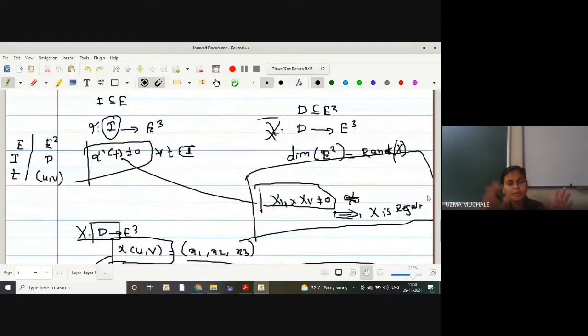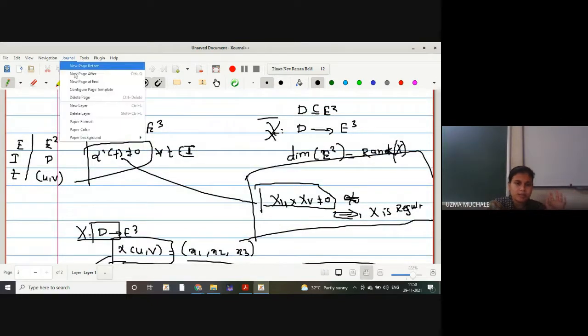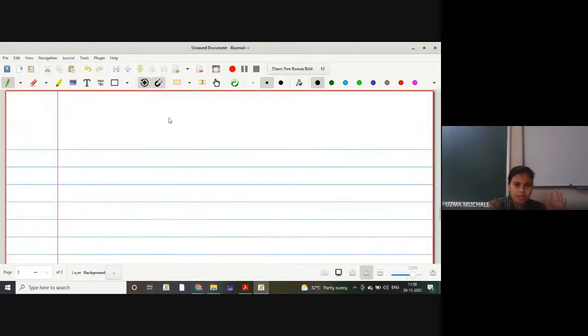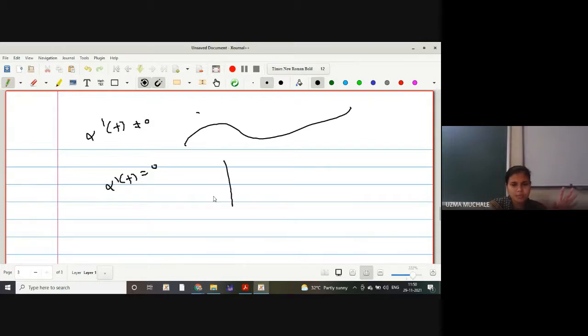I hope you remember something I told you initially about the curve alpha dash of t. Alpha dash of t not equal to 0 ensures that your particle is not going to stop anywhere, it is moving continuously. Suppose you have a curve y is equal to mod x.